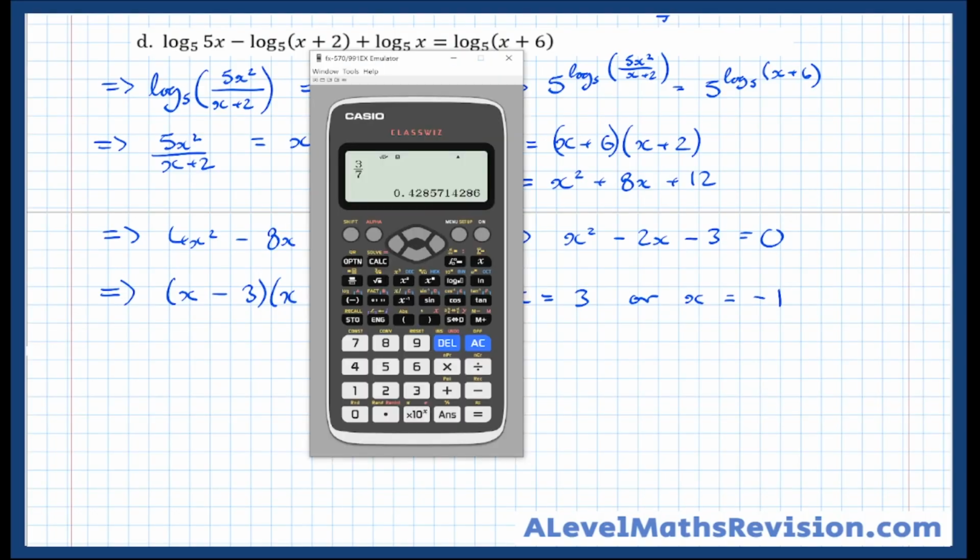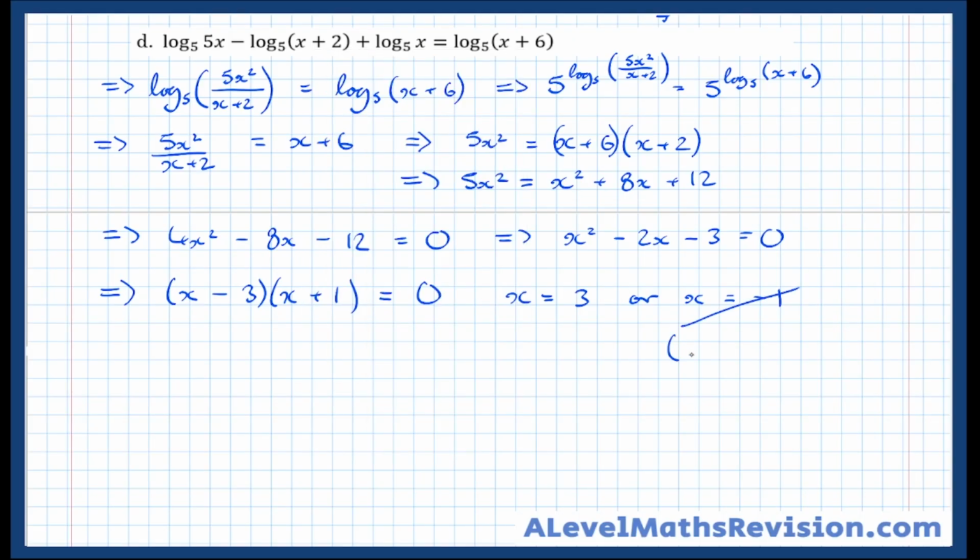Let's just prove it. So log to the base 5 of minus 1, math error, it's undefined. So I'm going to cross that out and just write cannot log a negative, leaving the only answer as being x equals 3.